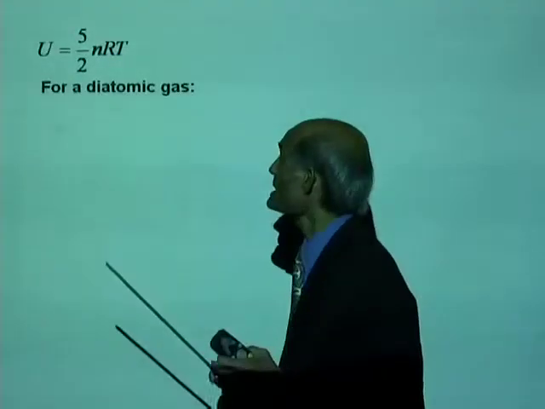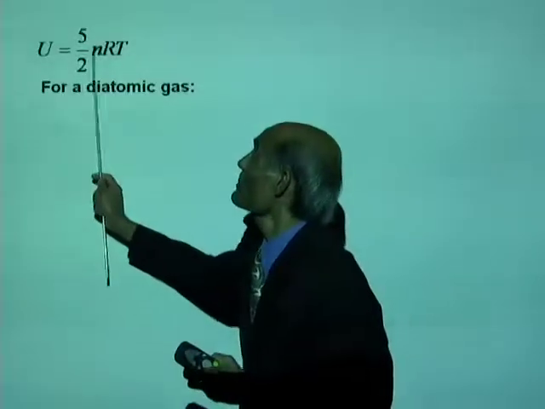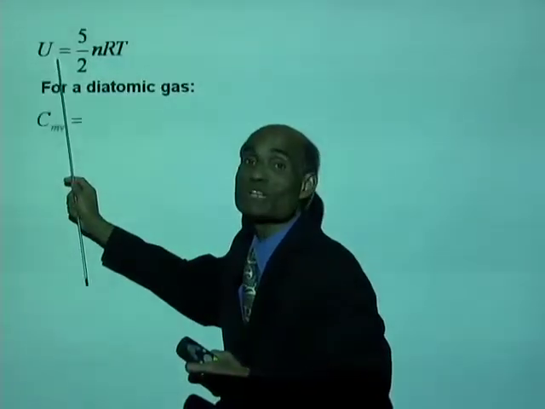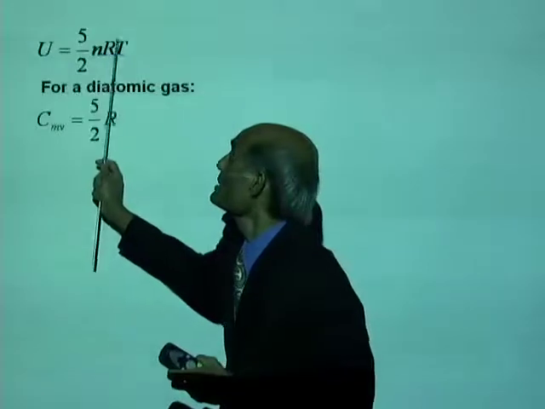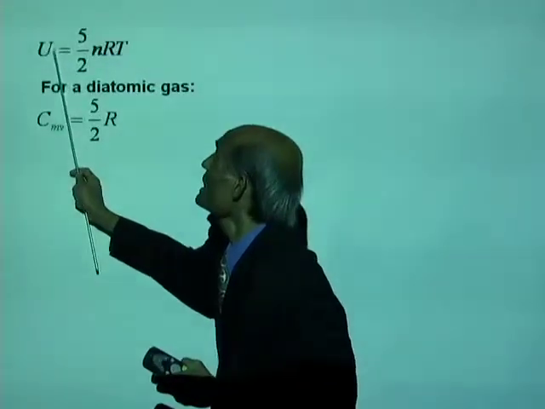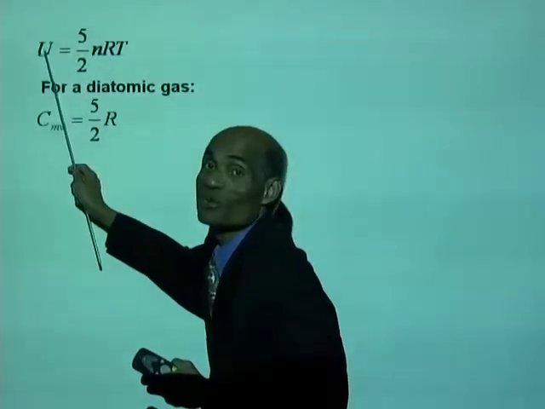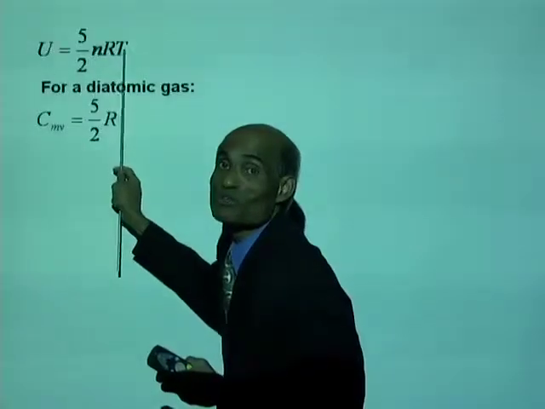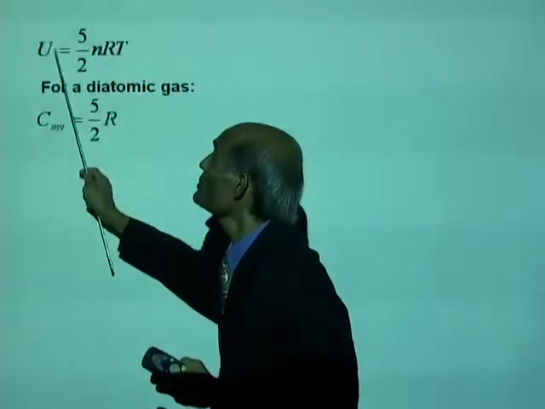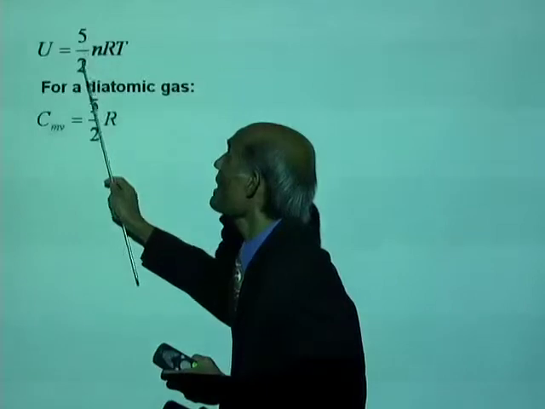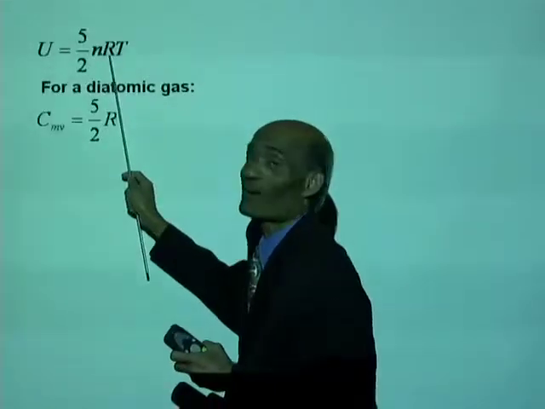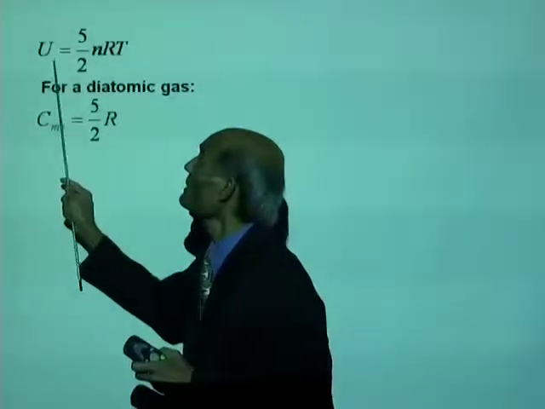Therefore, for a diatomic gas, now tell me, what is dU/dT equal to? If you find the derivative of U with respect to T, we get dU/dT equal to 5/2 nR.